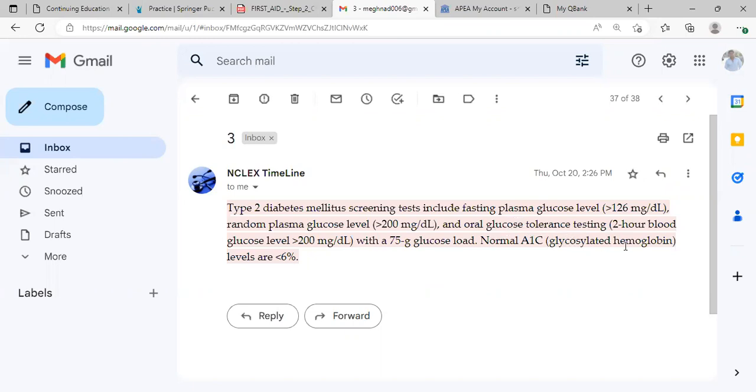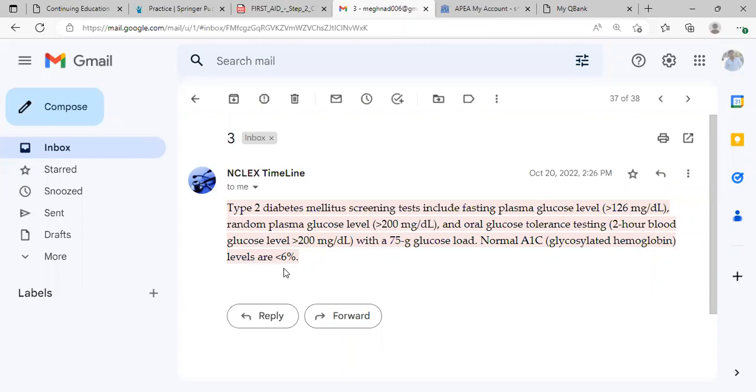It shows your blood sugar level over the last 3 months. If any patient has glycosylated hemoglobin or hemoglobin A1C less than 6%, he or she does not have diabetes, or if someone has diabetes but hemoglobin A1C is less than 6%, it means he is well controlled.